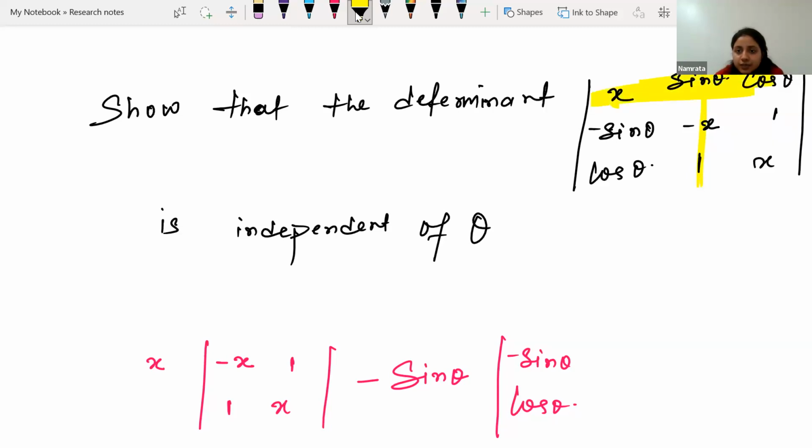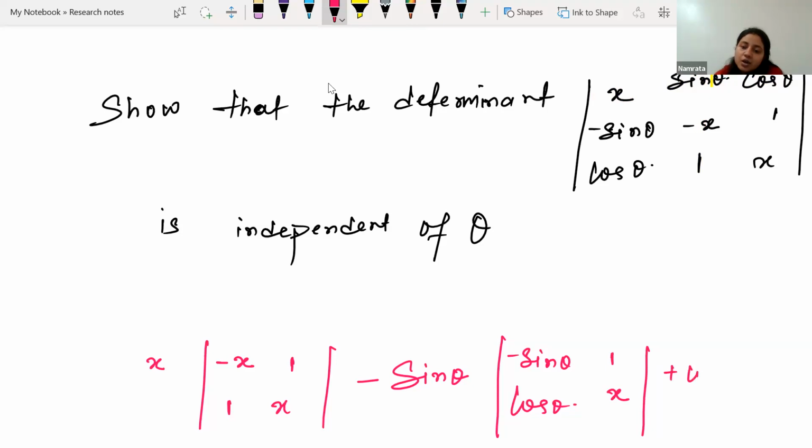We have to cover the column and the row corresponding to the element which we are taking, and whatever we get after that, we write over here. So we will have minus sine theta cos theta. Here we'll have 1, x.